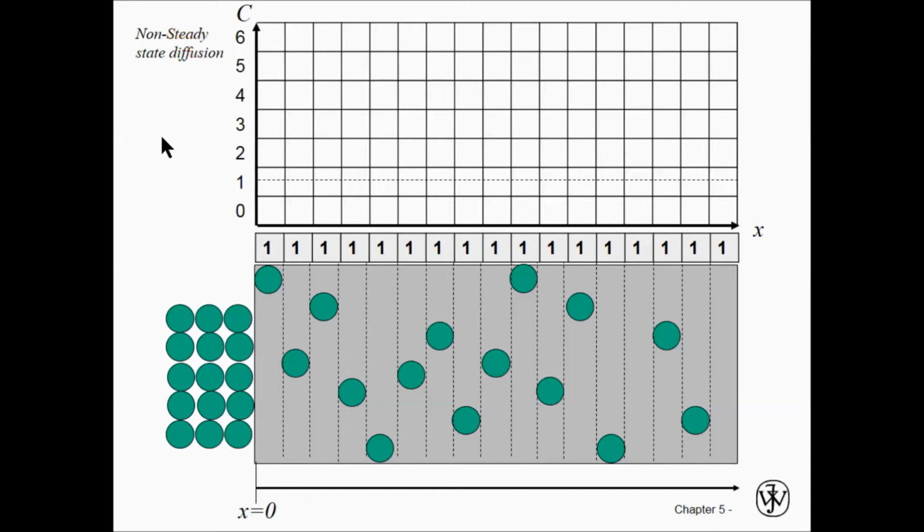Diffusion happens in two ways, let's say. One is non-steady state diffusion, which is dependent on time. I first want to look at an animation which will start beneath, then I will explain why we have this non-steady state diffusion.